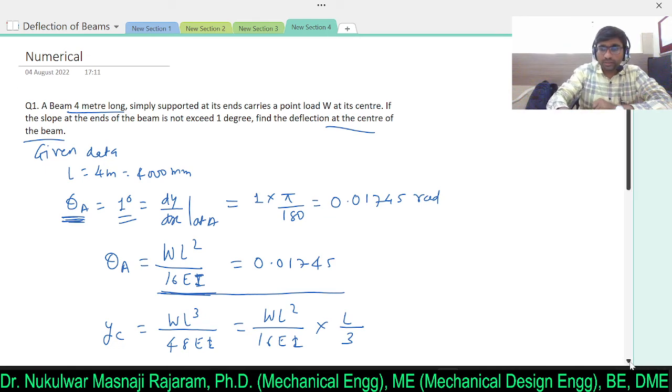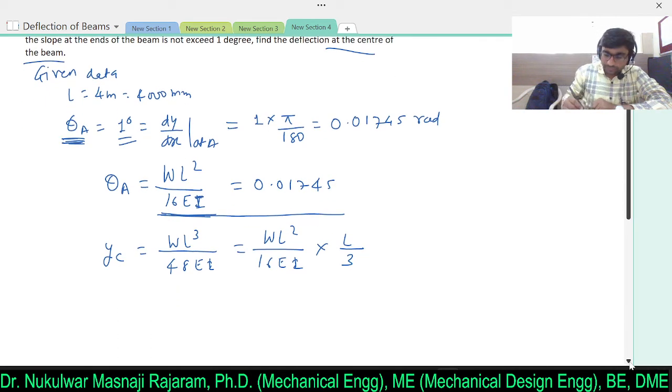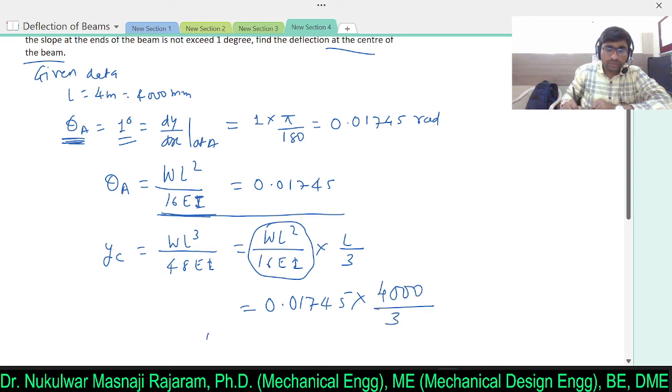Simple. Now it's very easy, so just put this equation's value 0.01745 into the value of L, 4000, divided by 3.